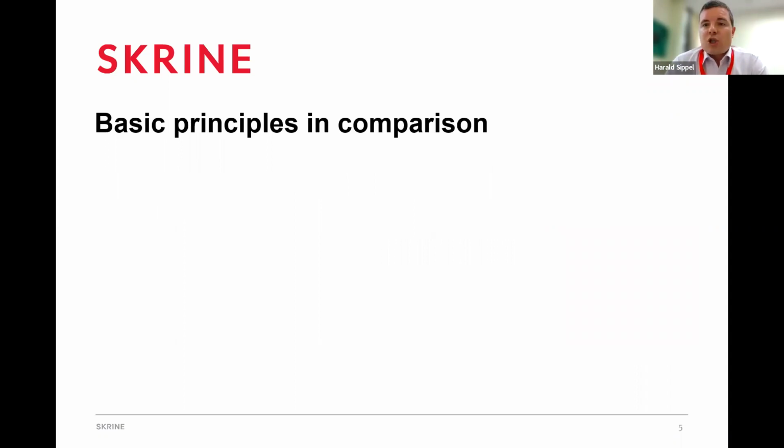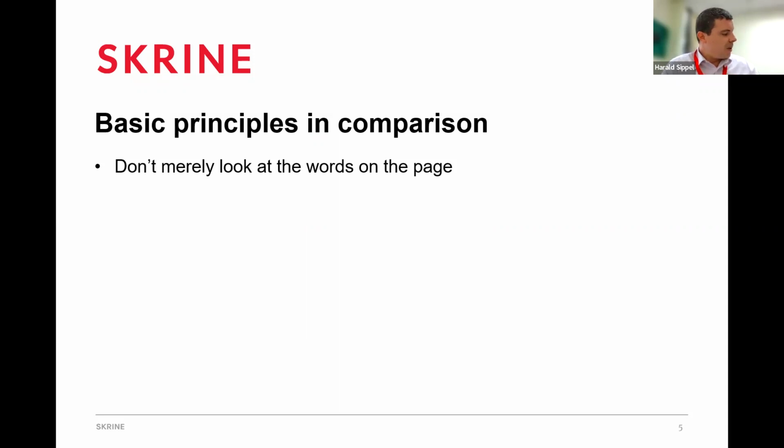So what should we keep in mind? Something that's really important here is this rule: don't merely look at the words on the page. I have before me, and it's maybe something I should mention later on as a type of comparative law work that I'm also doing at the moment, about 50 pages of EU regulations on sanctions against Russia.